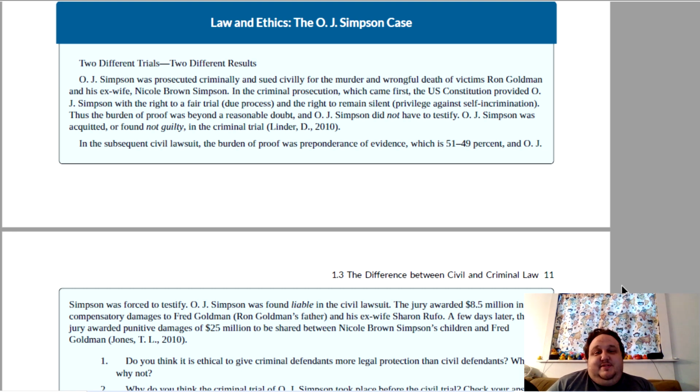in the civil suit, where the remaining living family sued based off of damages, you don't quite get the same freedom to say, I don't have to testify. It's a lot harder to get away with that.